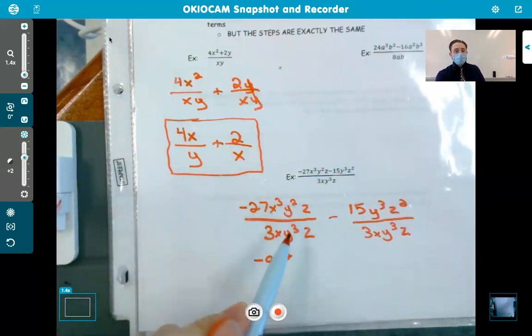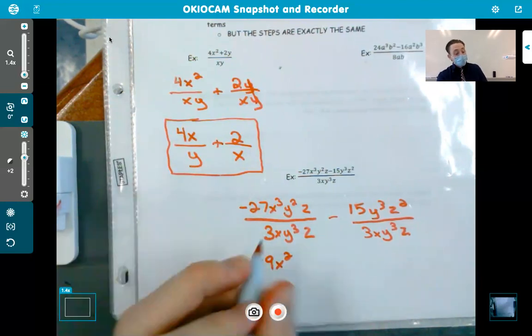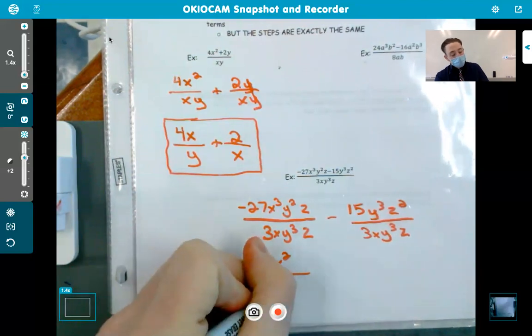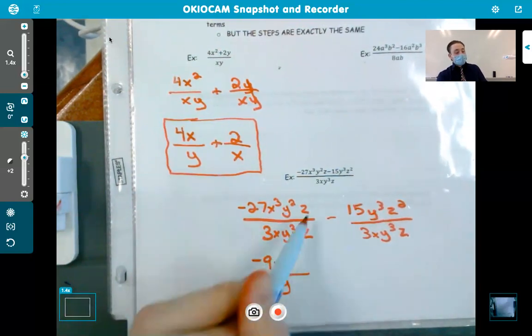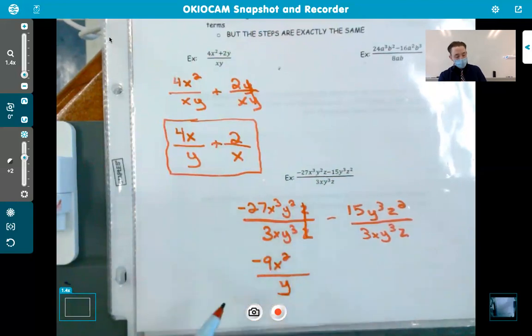What's y squared divided by y cubed? Right, it's going to be y to the negative 1. So where do I put the y? In the denominator, right? And then z divided by z, well, anything divided by itself is just 1. So this is how I simplify my first fraction. This is all I have left over, right? These are going to cancel. Any questions so far?